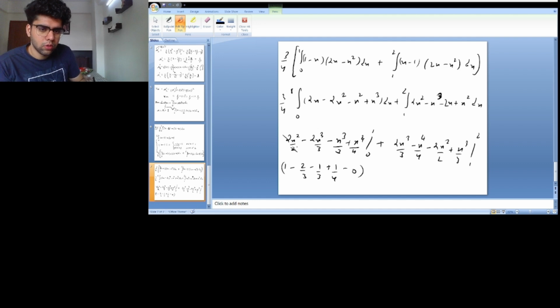And here also I need to multiply the whole expression by 3 by 4. I'll be doing it at the end. So this was 1, so this is 2. This becomes 16 by 3 minus 16 by 4 minus 8 by 2 plus 8 by 3 minus 2 by 3 plus 1 by 4 plus 1, 2 and 2 gets cancelled, and minus 1 by 3. This is my expression.